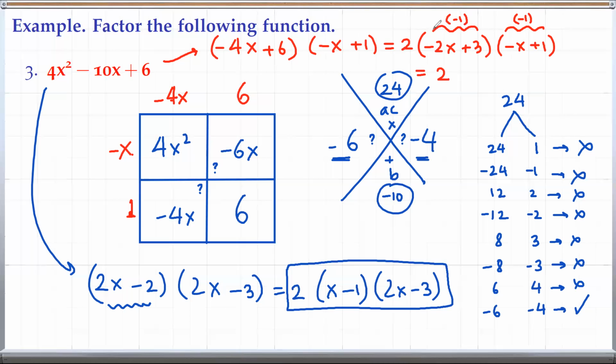So when you multiply by negative 1 and again by negative 1, you are multiplying by just 1. But that will give us, when you multiply this one by negative 1, we get 2x minus 3. And when you multiply this one by negative 1, you get x minus 1, which is exactly what we have over here. These are the factors: 2x minus 3, and x minus 1.